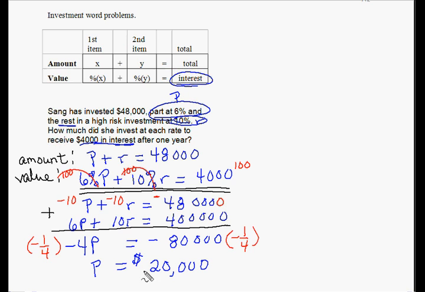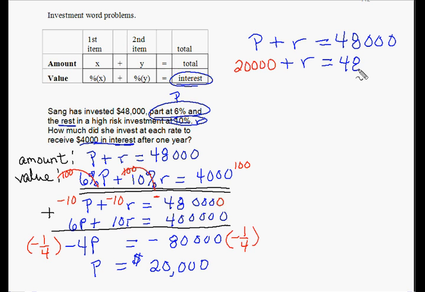And this is $20,000. So if we go back to our first equation, we had P plus R equals $48,000 she invested. We know that she has $20,000 invested, and let's find out what the rest of the money she has invested at the 10%. To solve for R, we would add a -20,000 to both sides of the equation.